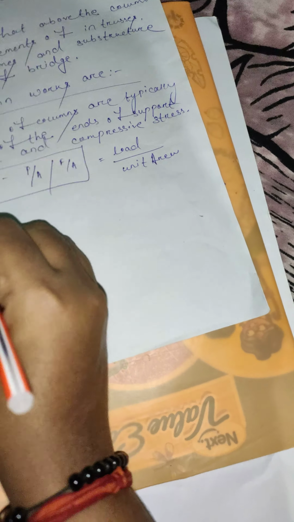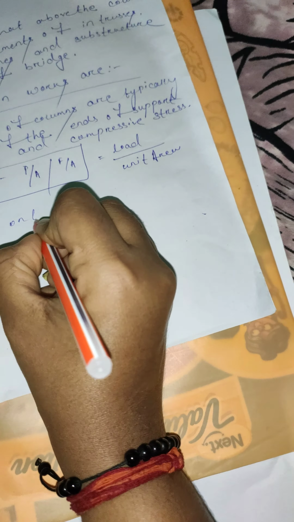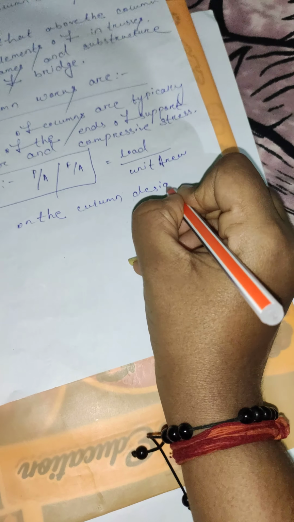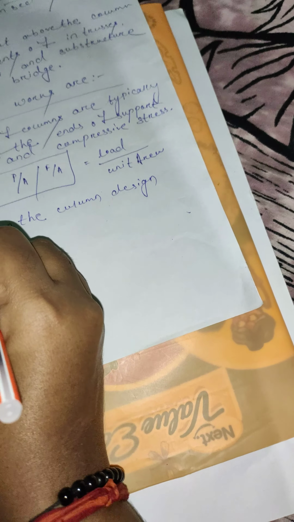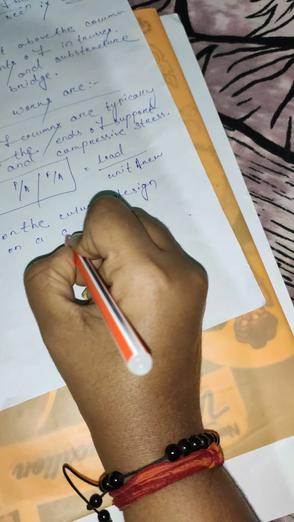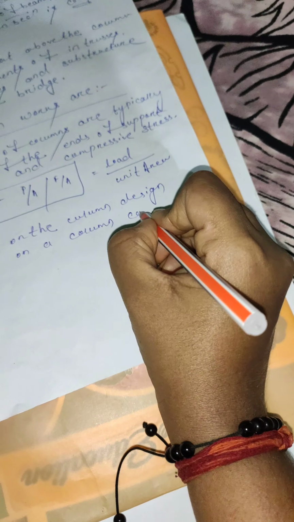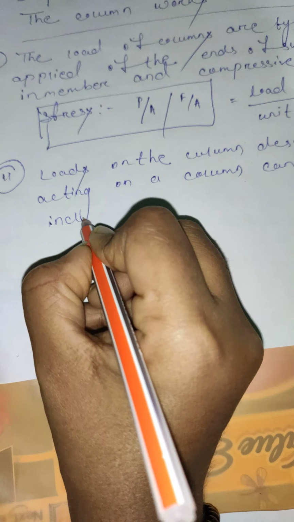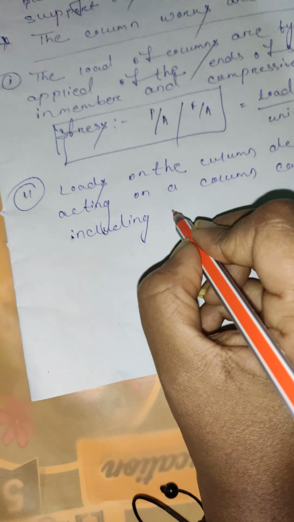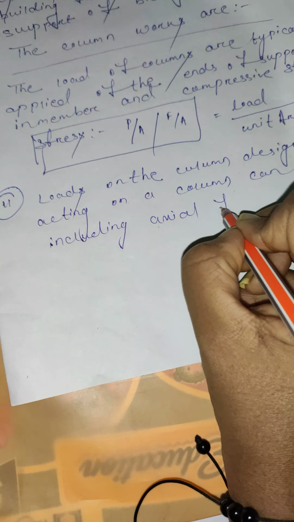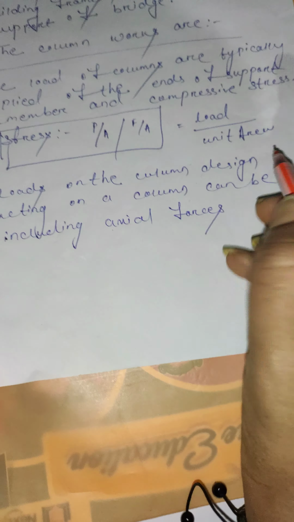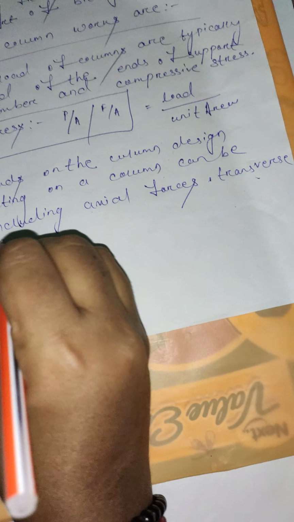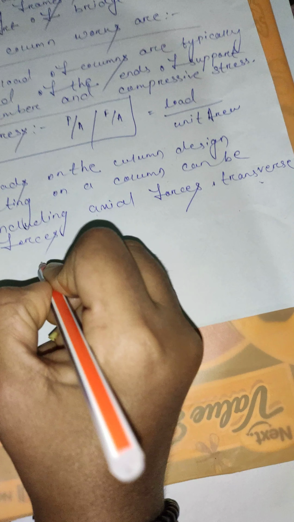So the second one is loads on the column design: the loads acting on a column can include axial forces, transverse forces, etc.